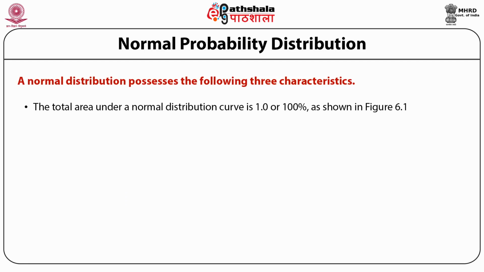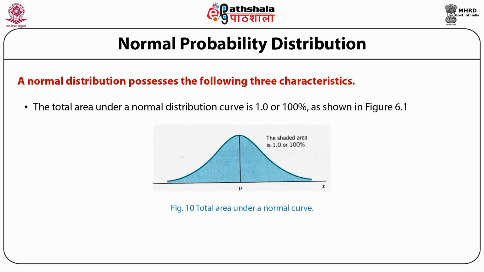Now, if we consider figure 10, the total area under a normal curve, as you see, it extends indefinitely because the curve does not touch the ground, that is the x-axis, on the left hand side as well as on the right hand side. So this can be extended indefinitely to the left hand side and to the right hand side.